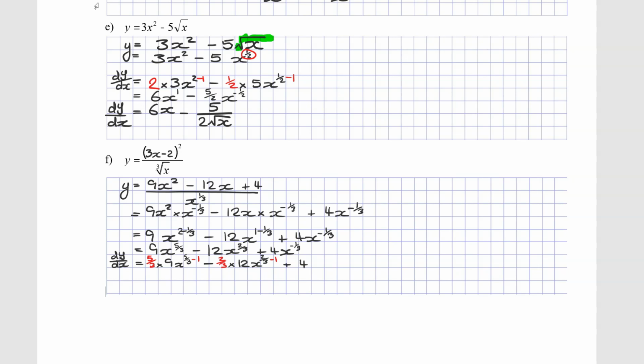I'm a little bit ahead of myself, not plus 4, but times negative 1 over 3 times 4x to the negative 1 over 3, and then take 1.